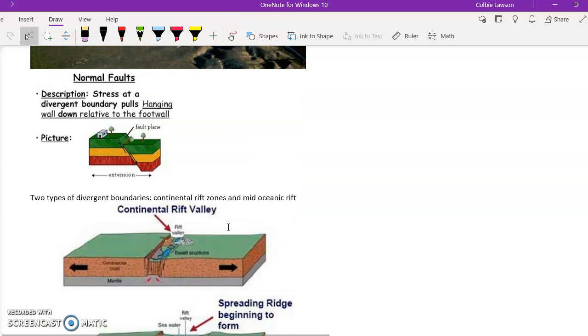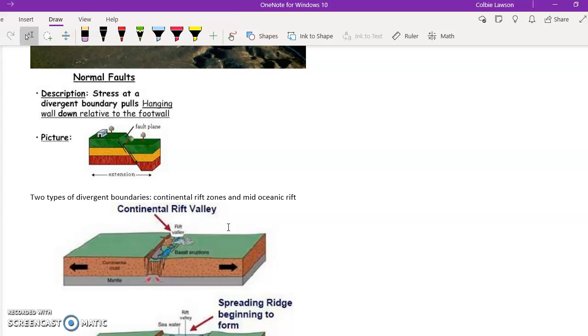The continental rift valleys look like this. Like I said, those are caused by that breaking pattern that we mentioned earlier, the truncated icosahedron. And those also occur on the weak points of the plate.